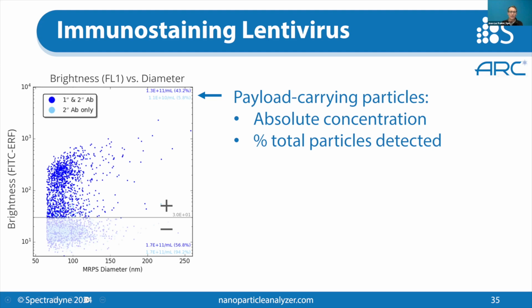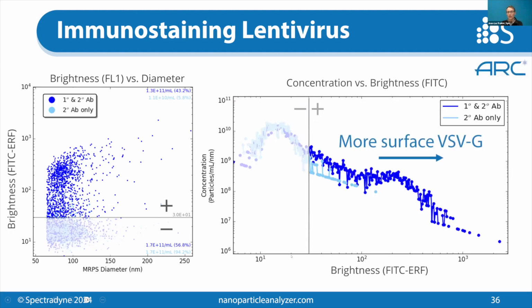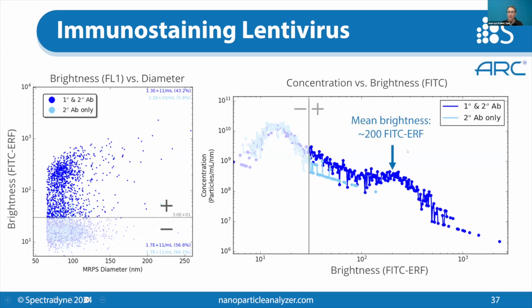But because the fluorescence is quantitative, right, we can look at the distribution of brightnesses, and we can see the virus out here as a clear standout population in the sample. And so we can measure that there are about 200, the equivalent brightness of 200 FITC molecules per particle in this population.